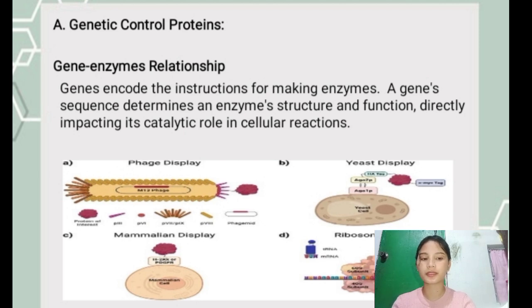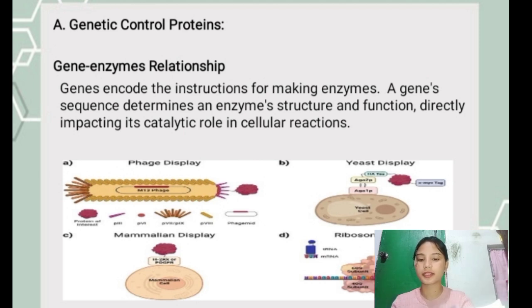The ribosome then translates the mRNA sequence into a specific amino acid chain, guided by codons that specify each amino acid. This chain folds into a unique three-dimensional structure, forming the enzyme.